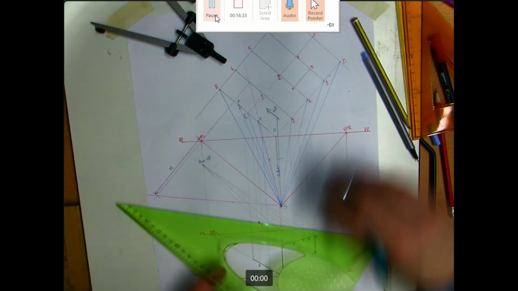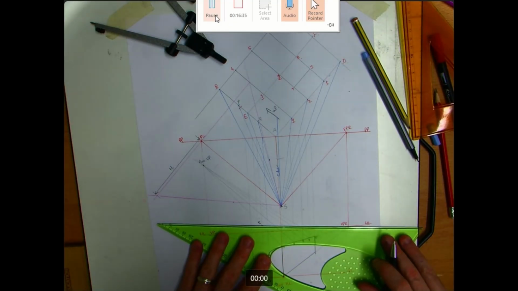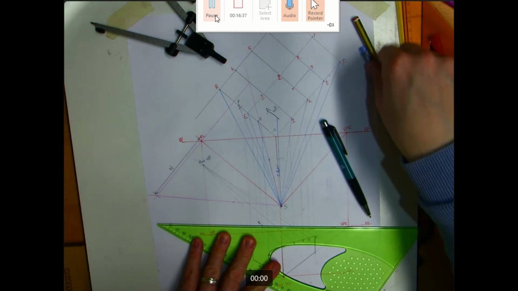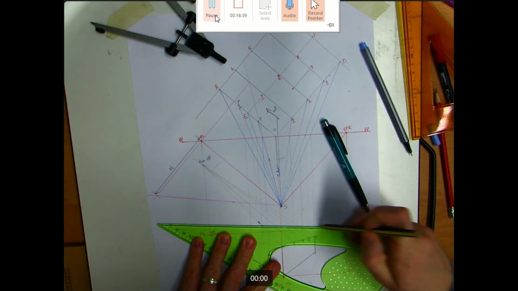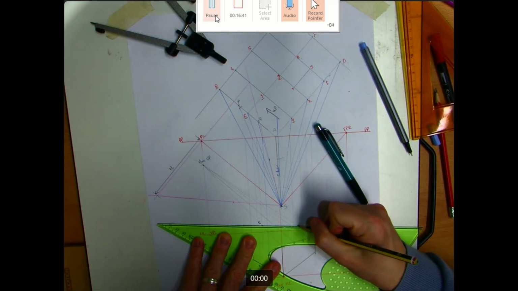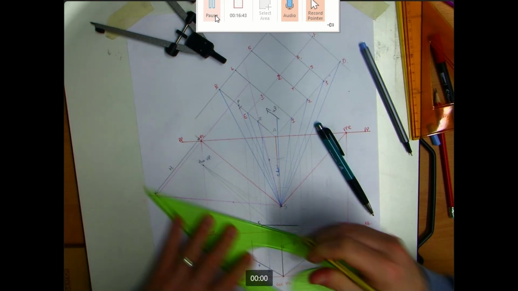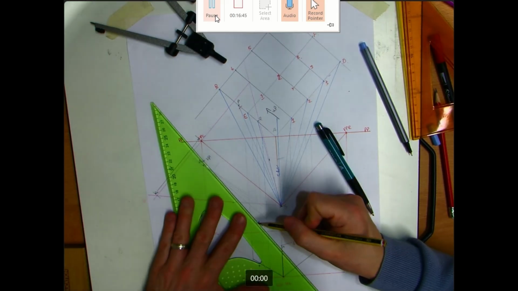The line EF is parallel to VPR. And so therefore I now have the ridge of the roof.